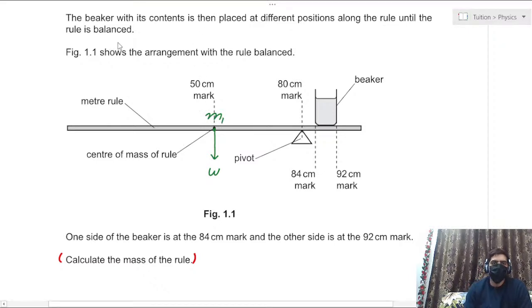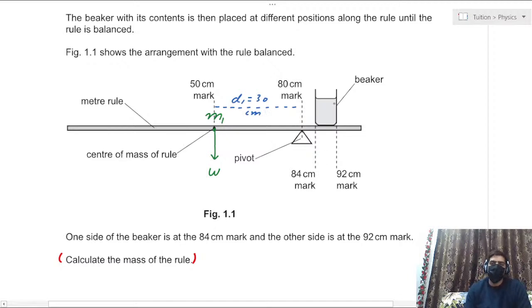Now, what is the distance of this point from the pivot? The distance of this point from the pivot is 80 minus 50. Basically this is your starting point and the pivot is your end point. Now what is the difference between 50 and 80? It is 30 centimeter. So I can write the distance d1 equals 30 centimeter.